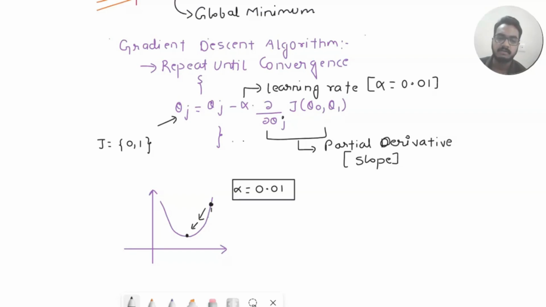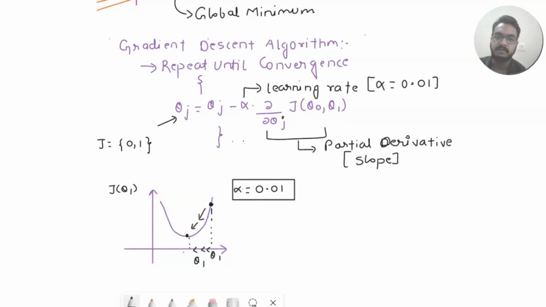Let us plot J of theta 1 versus theta 1. This is the current value of theta 1, and this is the value we want to approach. That means we have to continuously reduce the value of theta 1 to reach the global minima.